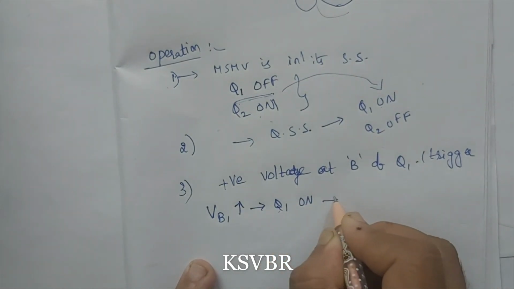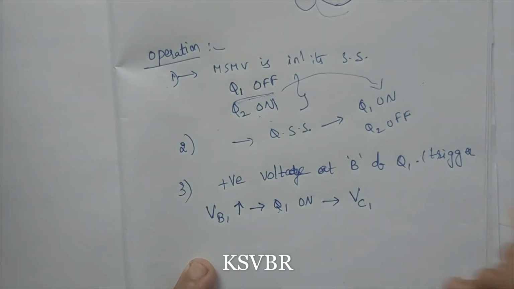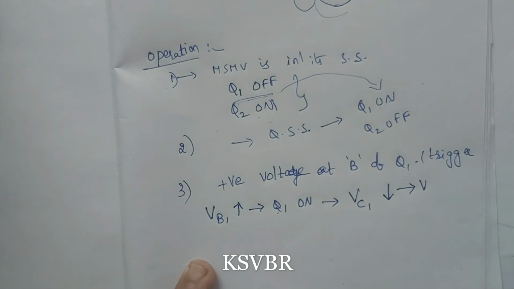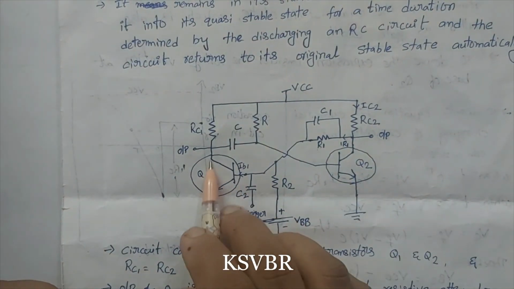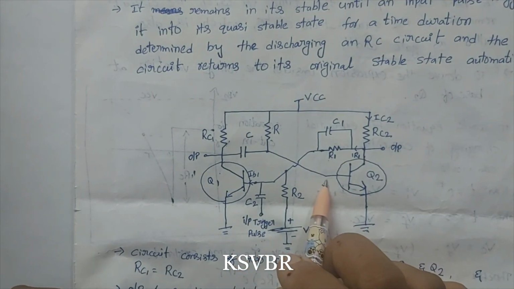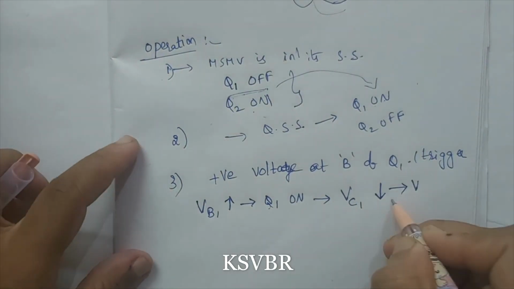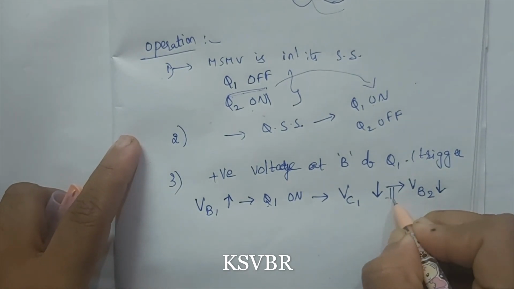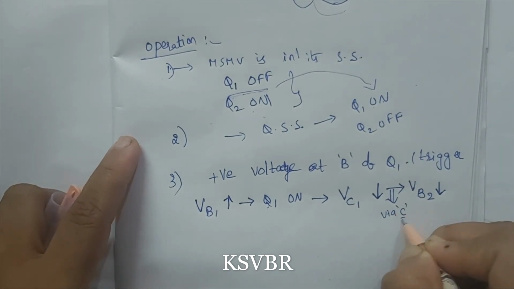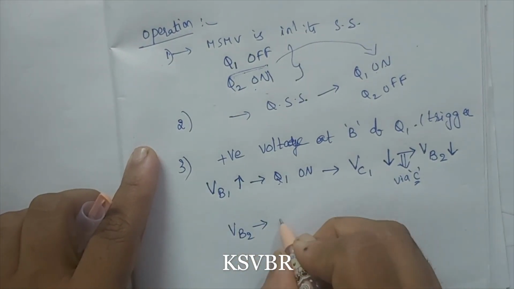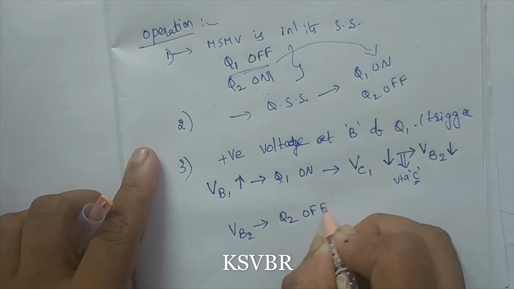Whenever the transistor is on, automatically the voltage VC1 becomes low. This VC1 is connected to the base of Q2 via capacitor C, so VB2 also becomes low. When VB2 decreases, it drives Q2 transistor into off state.